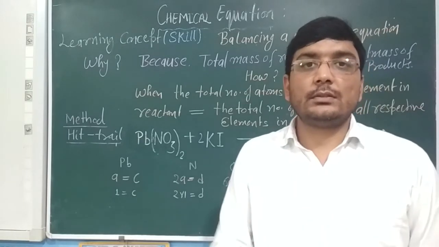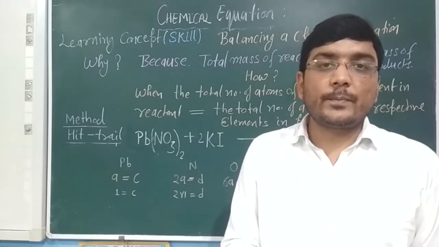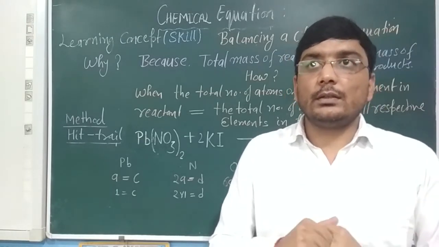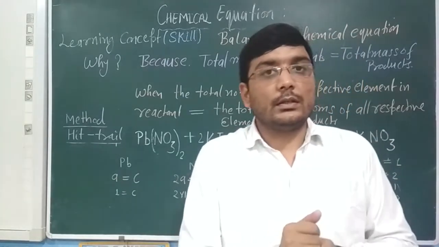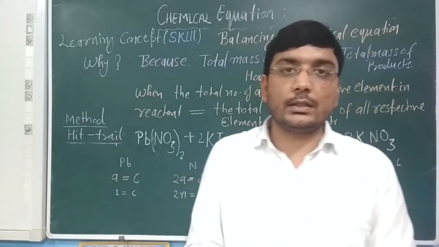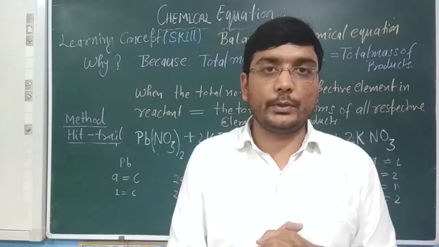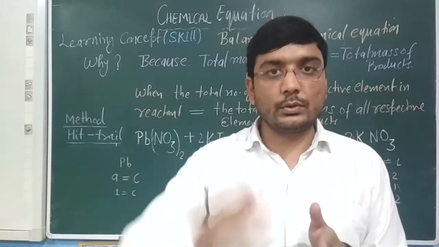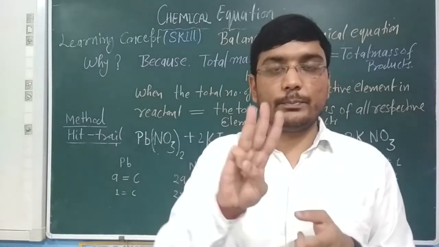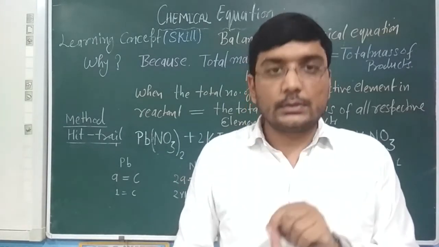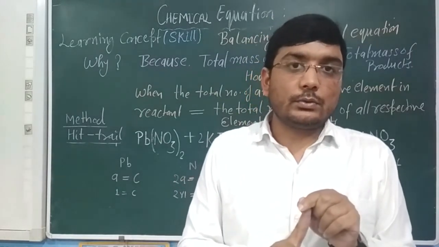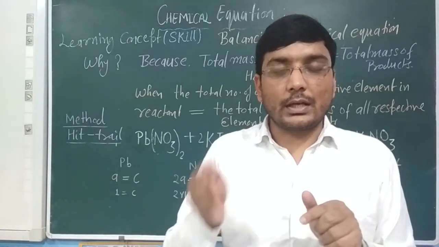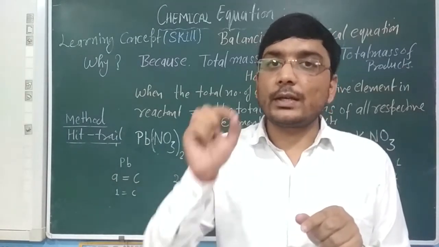In the next concept, we will discuss how to make a chemical equation more informative. This total concept is based on 3 points. The first is how to convert or write a chemical equation for a chemical process.